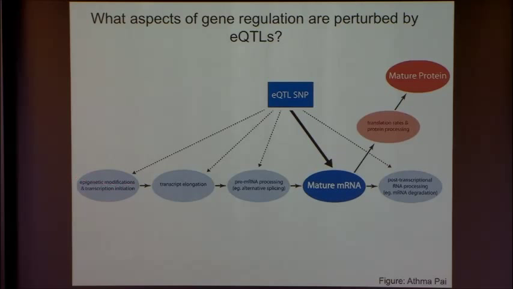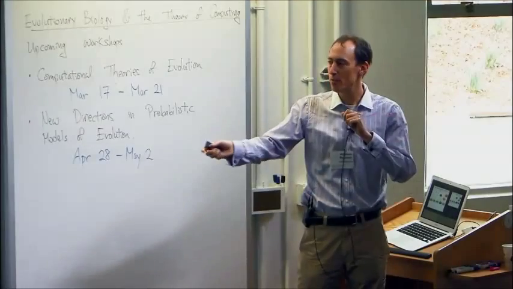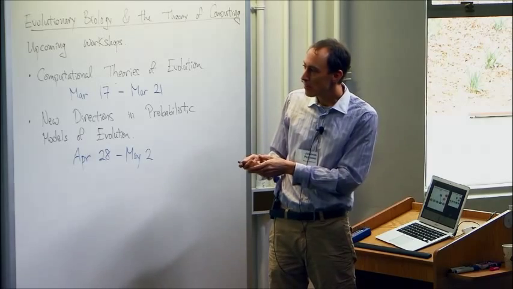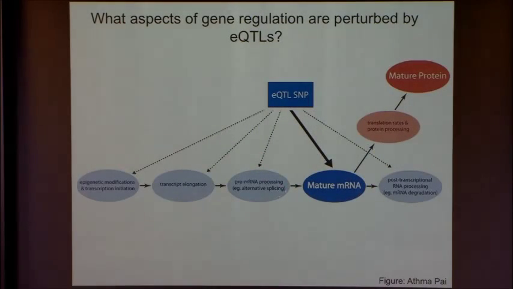Well, you've got a life cycle of mRNA that starts with epigenetic modifications and priming the chromatin, through transcription, processing of the pre-mRNA, and also at the end of the life of mRNA, there are processes like RNA decay and RNA degradation that are removing mRNA from the system. So the amount of mRNA at steady state represents a balance between these kinds of processes and removal of mRNA from the system.